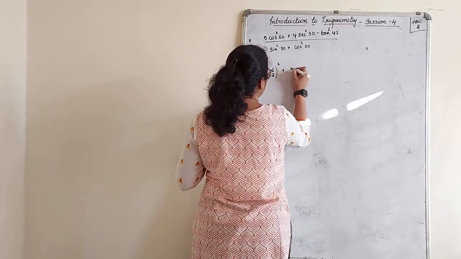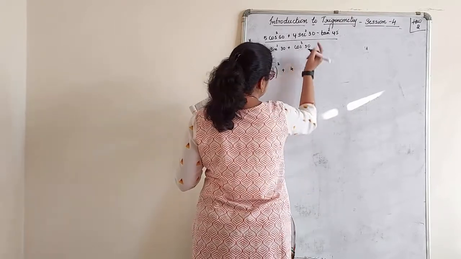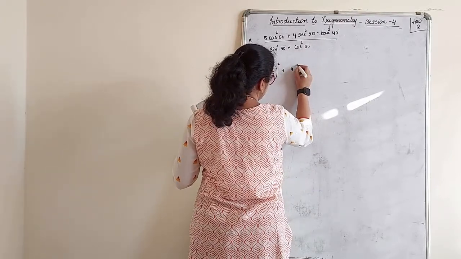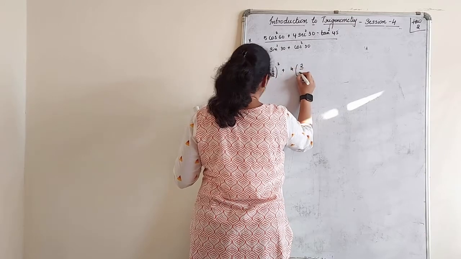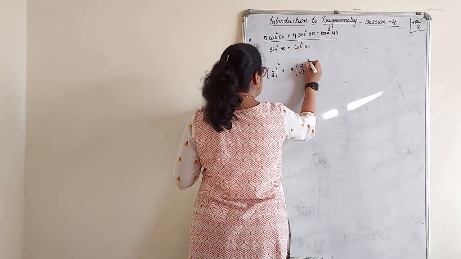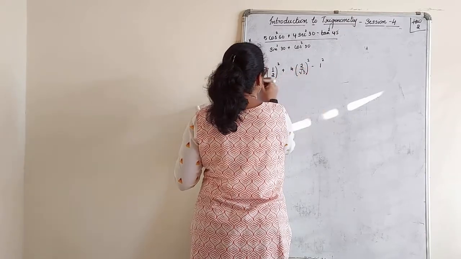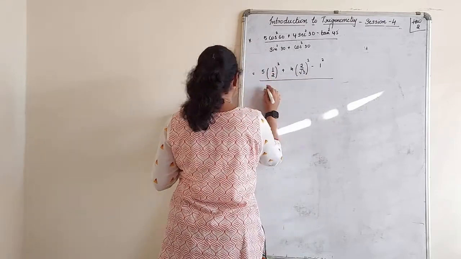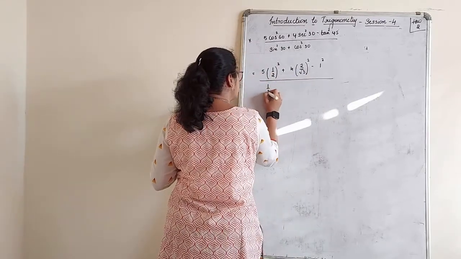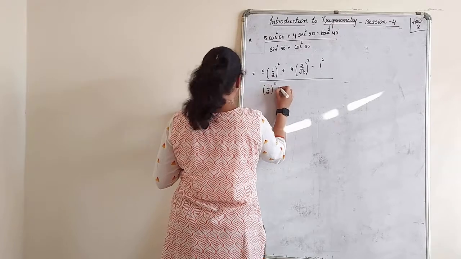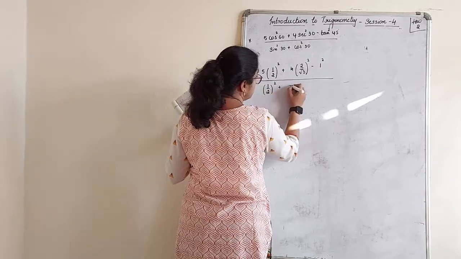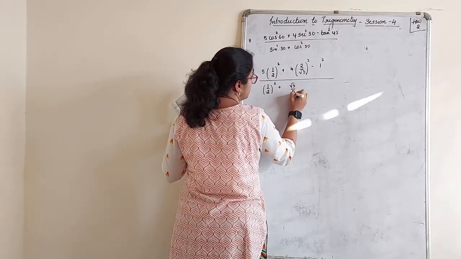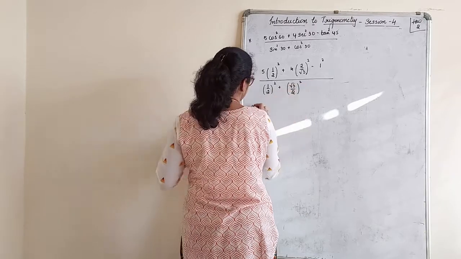Plus 4. What is sec 30? Sec 30 is nothing but 1 by cos 30, which is root 3 by 2. So 2 by root 3 whole square minus 1 square, divided by sin 30, 1 by 2 whole square, plus cos 30, root 3 by 2 whole square.